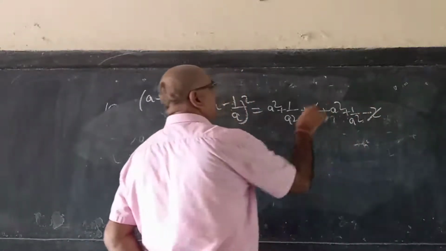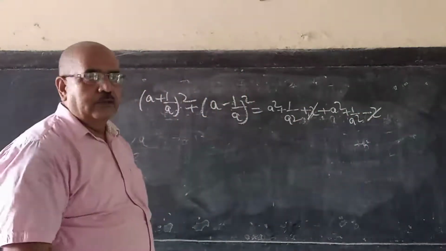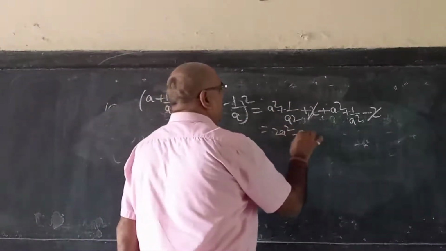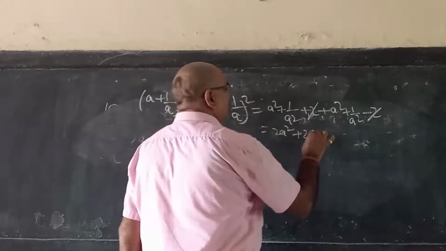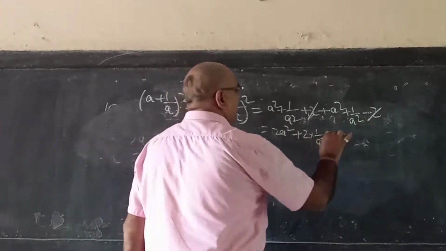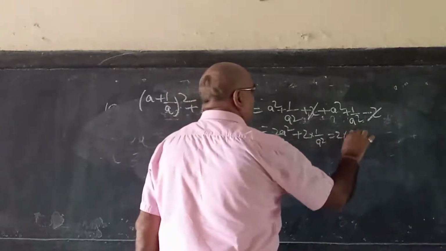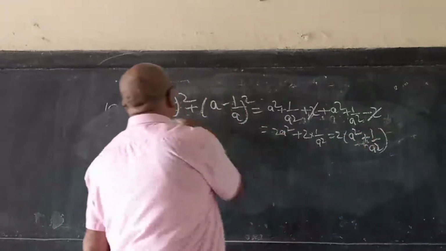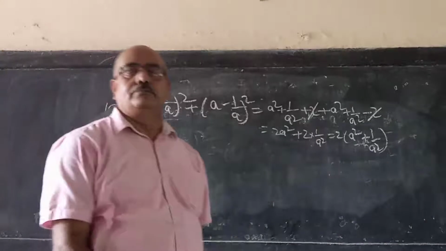The minus 2 and plus 2 will be cancelled. So a square plus a square becomes 2a square and 1 by a square plus 1 by a square is 2 times 1 by a square. Take 2 common, 2(a square plus 1 by a square) is the result when we add these two values.